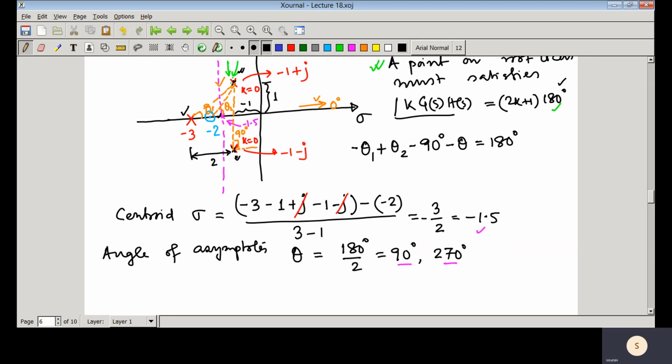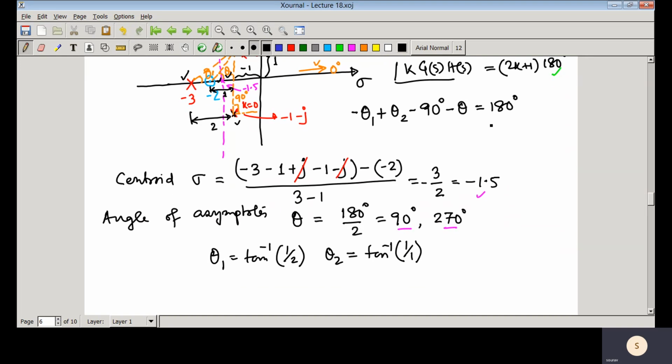So theta 1 is tan inverse of 1 by 2. And what would be theta 2? Theta 2 is this angle. Theta 2 is tan inverse, so this length is 1, this is 1, so that is tan inverse 1, which is 45 degrees.